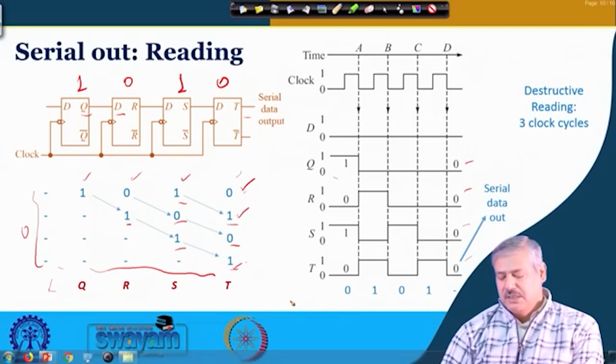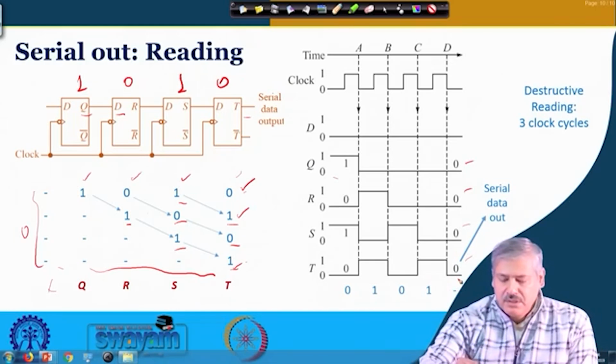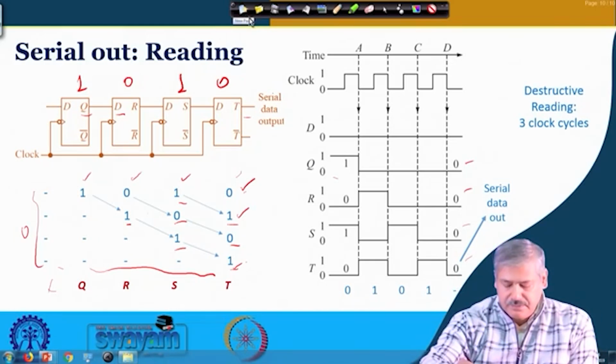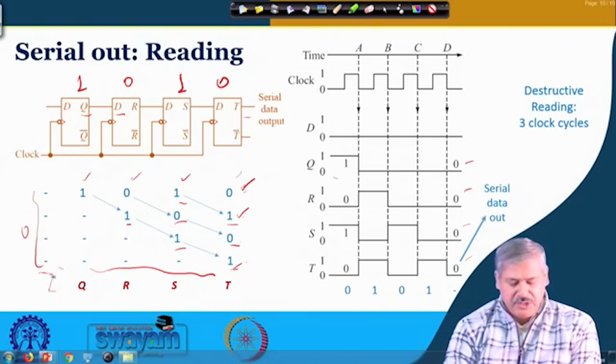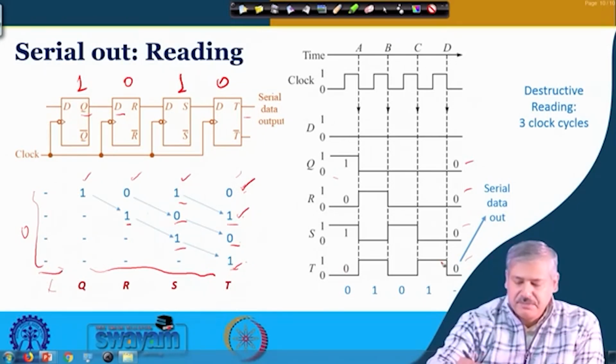Okay. And the serial data out that you read over here is like this. Is it okay? 1 0 1 0. So, first you will read 0 here, then 1, then 0 and then 1, and if you continue to give 0, so 0 will come here.